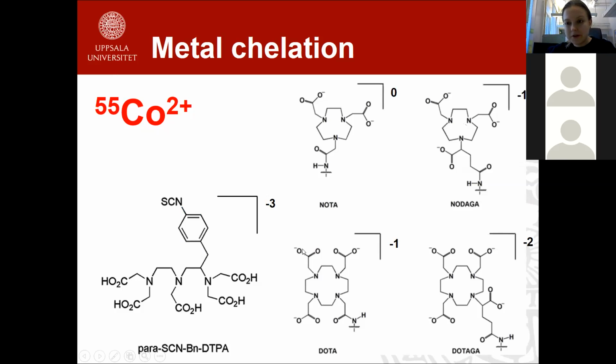So for cobalt, it's actually quite nice because all of them have a negative charge, and negative charge is good because we have more hydrophilicity and less uptake in normal organs and less background. And cobalt doesn't have a preferable chelator, so many of the chelators work for cobalt.